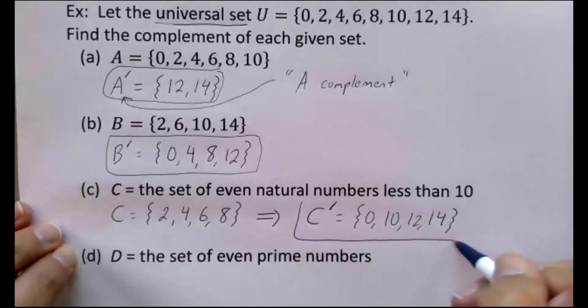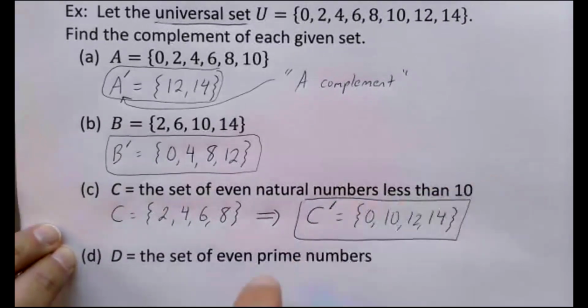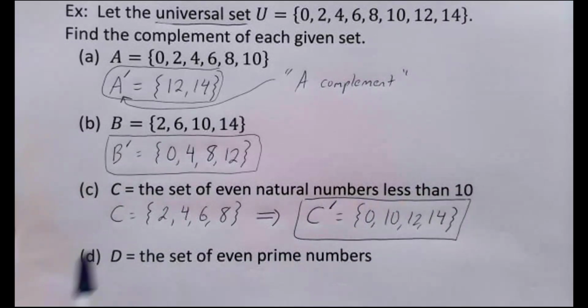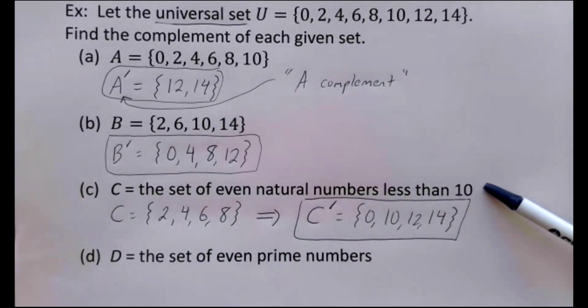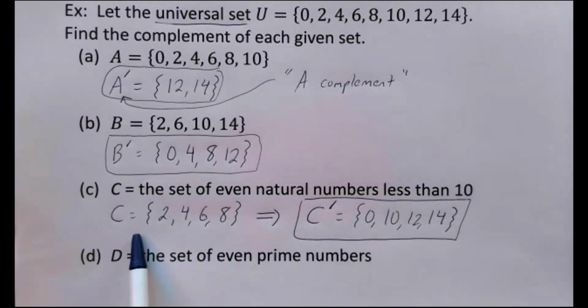So my final answer is this. My final answer is not this over here because I haven't even done any work yet. This is exactly what the original question said. I just stated it in a different way using the roster method. This is C complement over here.